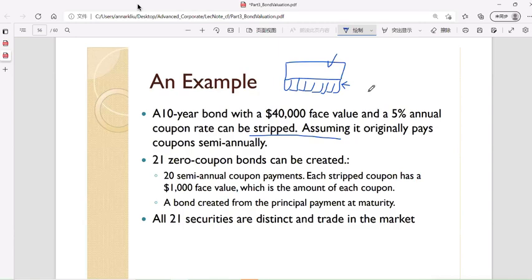So we have 20 semi-annual coupon payments, each a stripped coupon with a 1,000 face value, which is the amount of each coupon. And the bond created from the principal payment has a 40,000 face value at maturity.